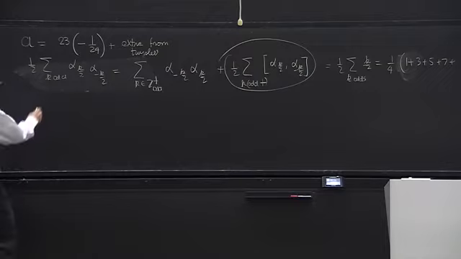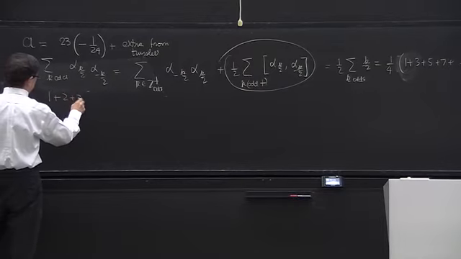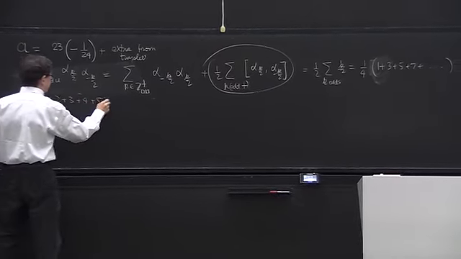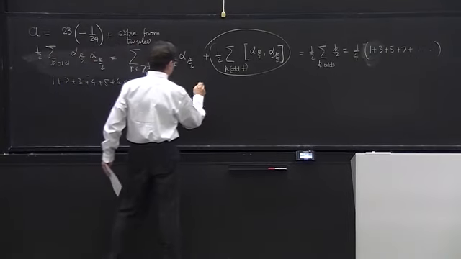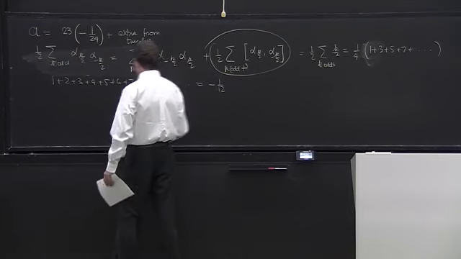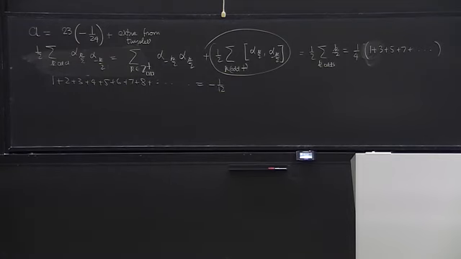Now the sum of 1 plus 2 plus 3 plus 4 plus 5 plus 6 plus 7 plus 8 plus and so on is minus 1/12. We all agree on that.